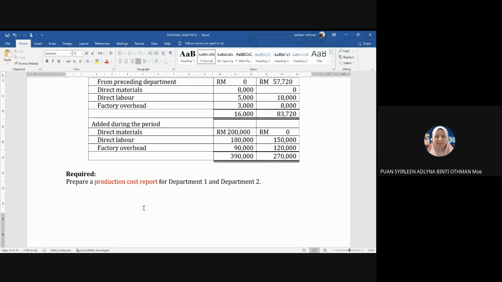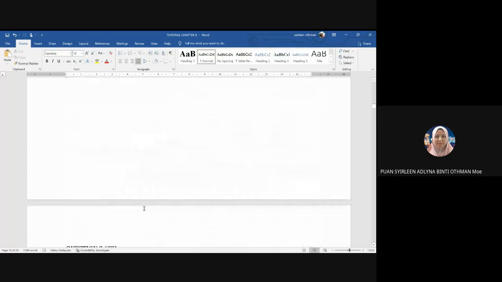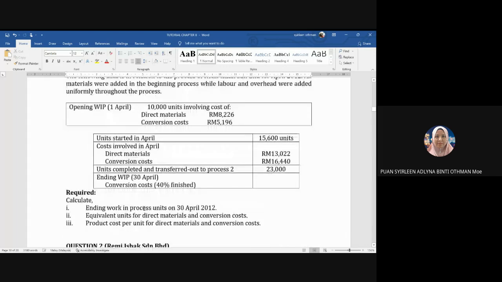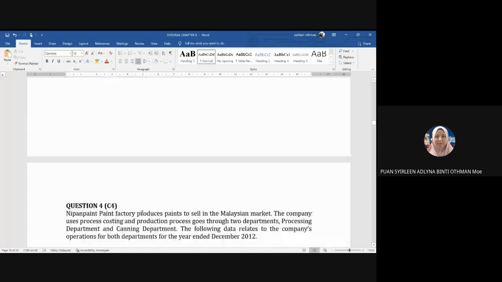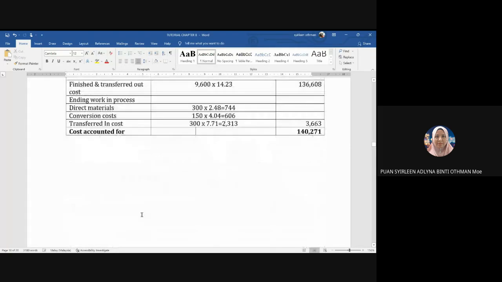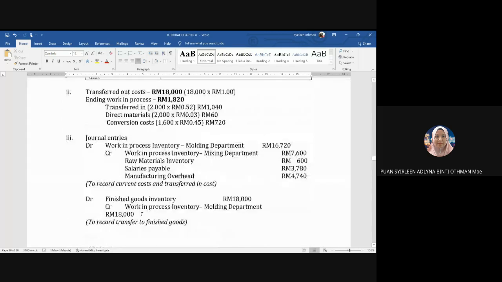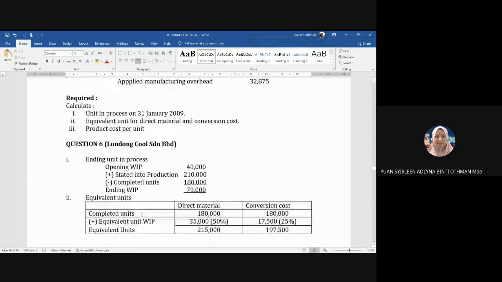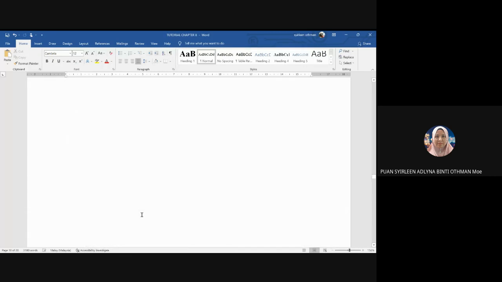Tapi let's say you have a question like question 2. Contoh macam ni ya. Soalan 2 not so bad lah. Yang ni tak banyak sangat dia punya requirements.